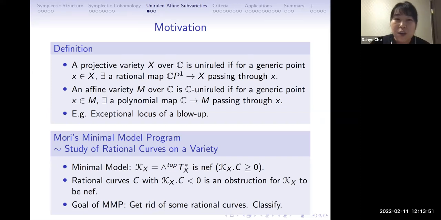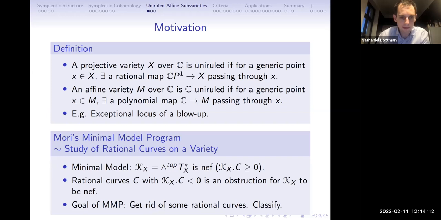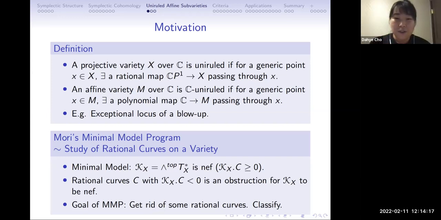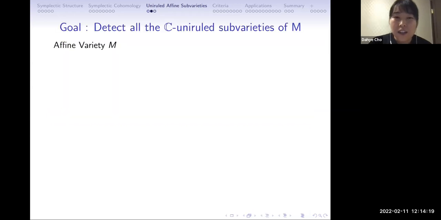My project is a little bit different from this idea. I just want to detect a uniruled subvariety inside of an affine variety. So it's not that I precisely detect the minimal model, but I want to detect a uniruled subvariety inside of an affine variety.